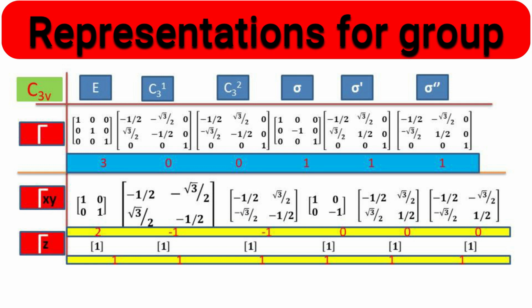We cannot reduce gamma xy further, so that is our irreducible representation. What about gamma? I can say it's gamma xyz. That is a reducible representation. So the emphasis here was to make the concept of reducible and irreducible representations clear.